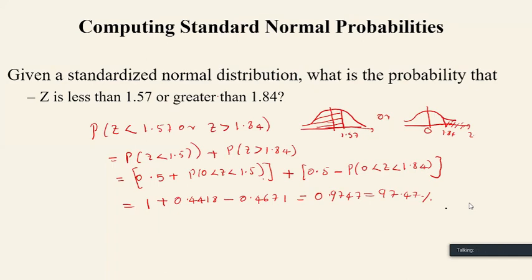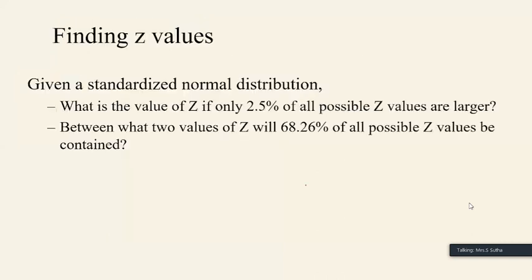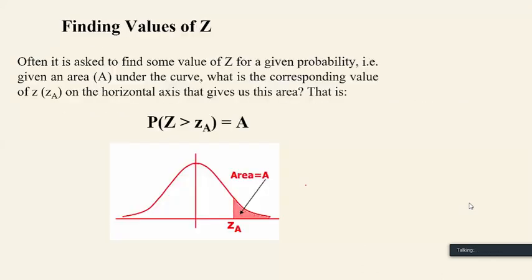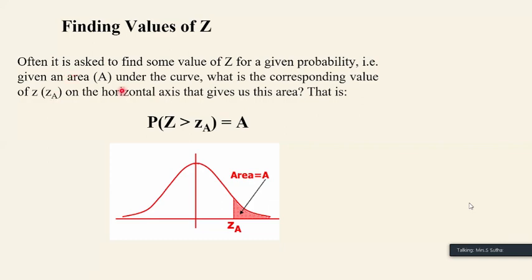Then now, if the probability is known, then how can we calculate the corresponding z values, right?